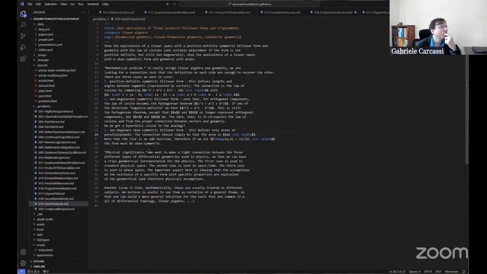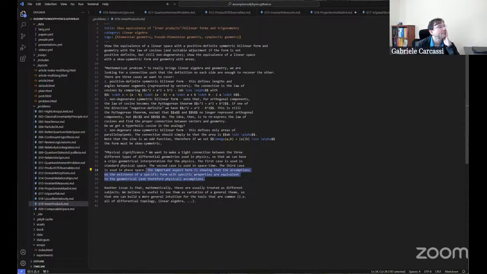Why I wanted to do this: we want to make a tight connection between the three different types of differential geometry used in physics, so that we can have a crisp geometrical interpretation for the physics. The first case is used in standard physical space. The second case is in space-time. The third case is used in phase space. An important aspect here is showing that the assumption of the existence of a specific form with specific properties is equivalent to the geometrical and therefore physical assumption.